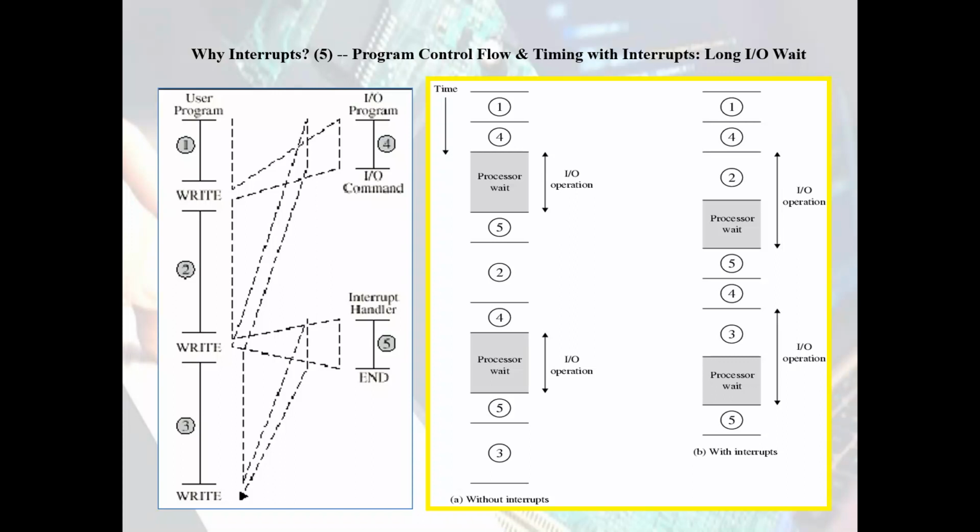Program control flow and timing with interrupts involving long input and output wait refers to a situation where a computer program during execution experiences a prolonged interruption or pause due to an extended input and output operation. In simpler terms, interrupts can occur while the program is running to handle external events such as time-consuming input or output tasks.